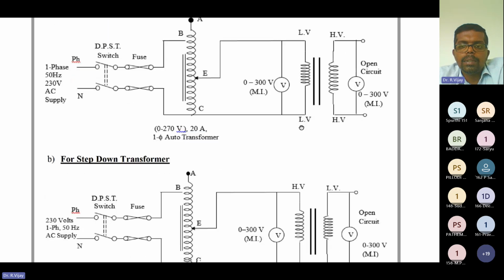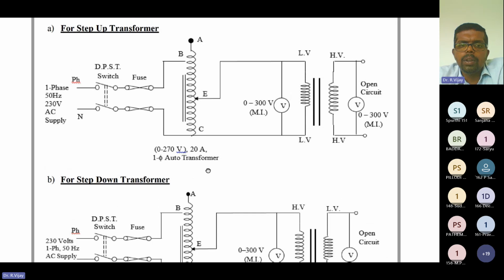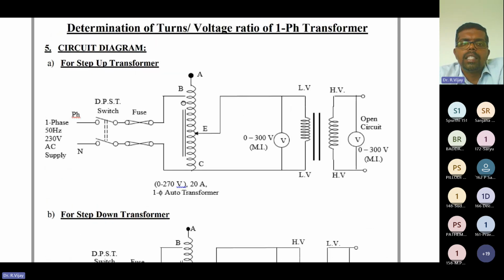In the step down transformer, we use the same connection. Here this is the high voltage side, say 400 volts, and this is 200 volts: a 400 by 200 volt step down transformer.